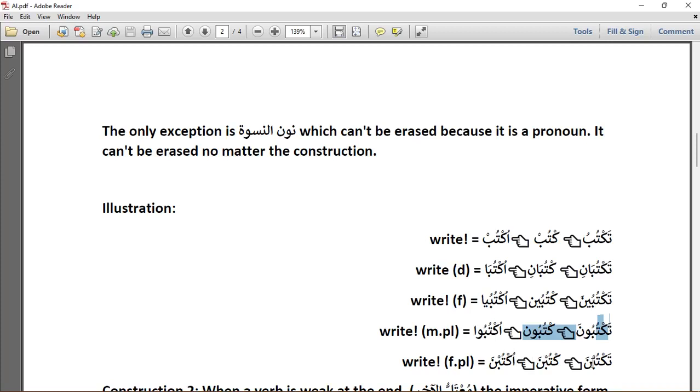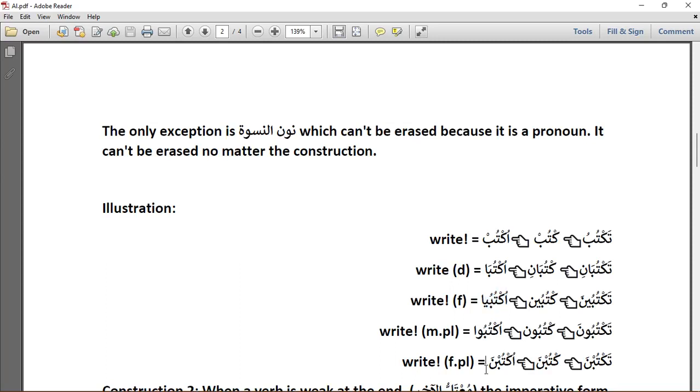Then finally we have the plural female verb, taktubna. We remove the harful mudara'a, but here we leave the noon. Why? Because the noon is a pronoun, nun niswa. It is not something we can remove, so it has to remain there. It is just like the waw and the alif we have in the mathna and the ya we have in the mukhataba.